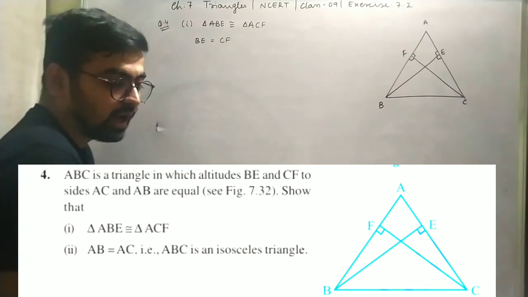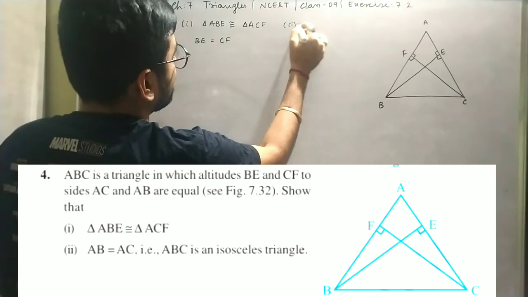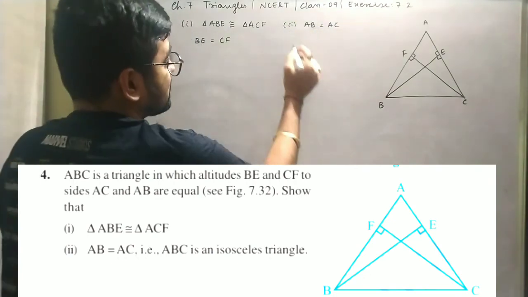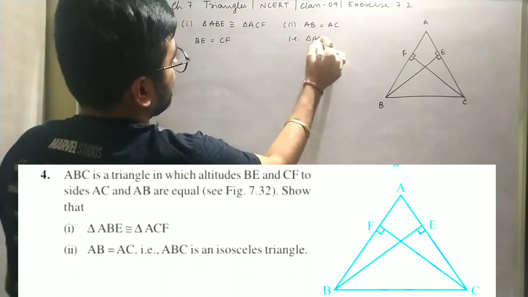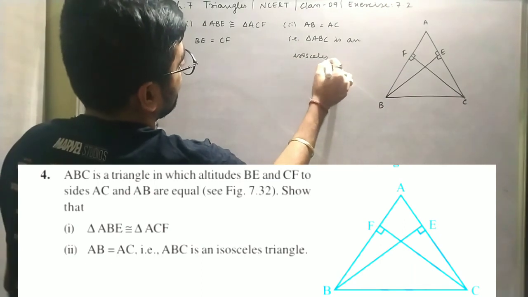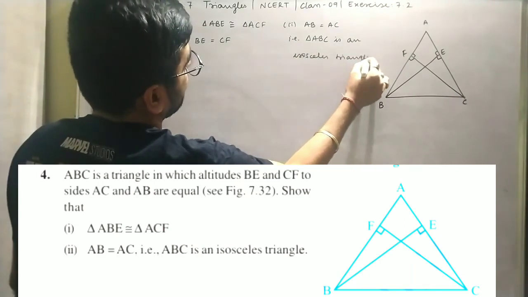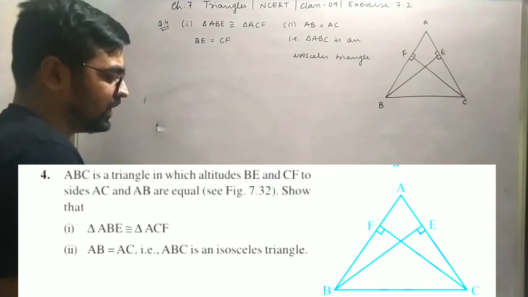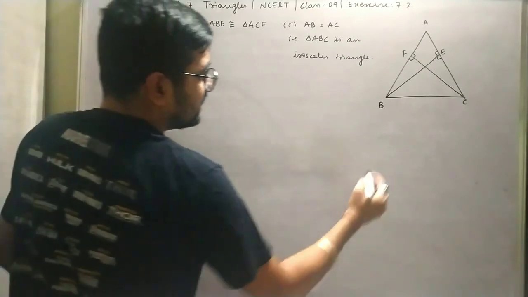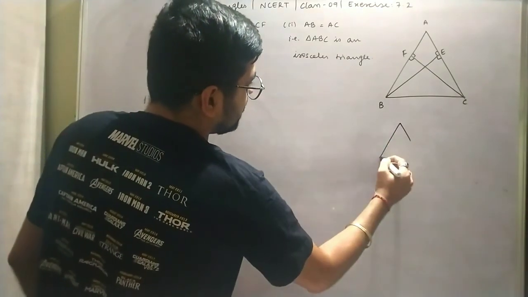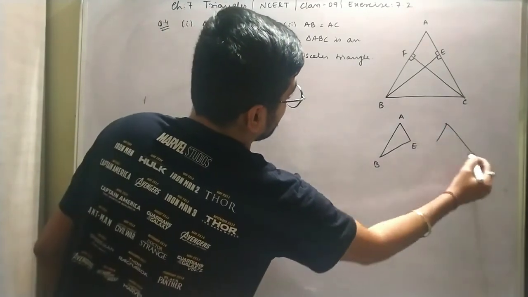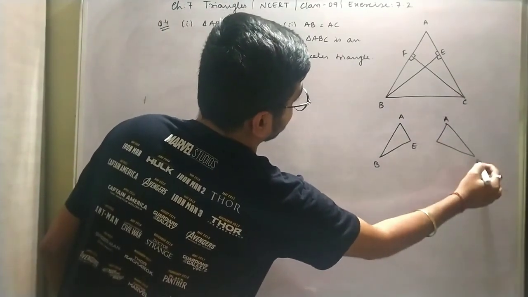And in the second one they said AB is equal to AC, that is, triangle ABC is an isosceles triangle. So what do you think? Should I solve this particular question for you? We just did these two triangles, ABE, this is A, here B, here E, and we did ACF.